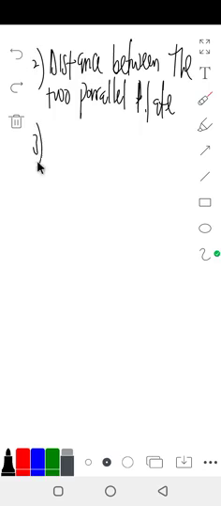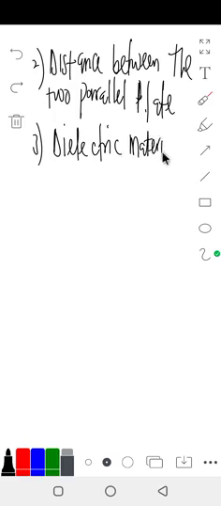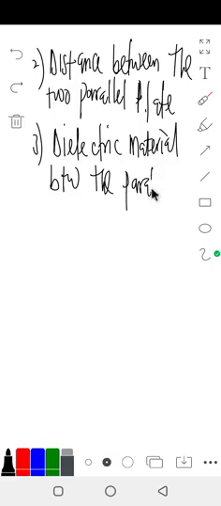Number three, we have dielectric material between the two parallel plates. Take note. Let us take them one by one.